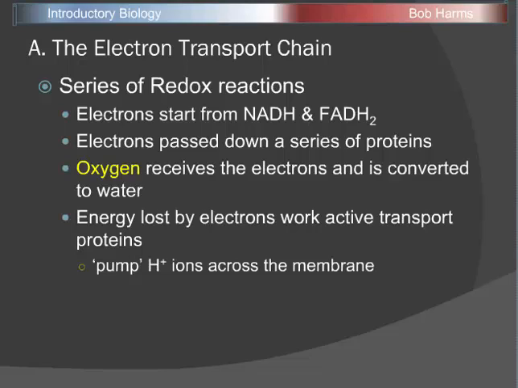And all the energy from these NADHs and FADH2s are going to run several of these pumps, pumping lots of H+ across the membrane. And what this does is create a huge concentration gradient, because most of these H+ ions are going to end up on one side of the membrane, and we're going to get very few on the inside because we're pumping them out, and ions cannot cross the membrane, and so they're going to be stuck on one side. And this is going to be critical for how our next stage works.